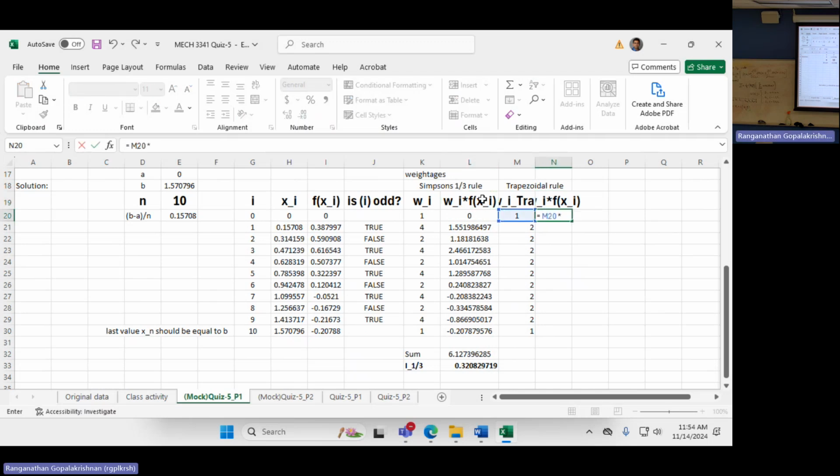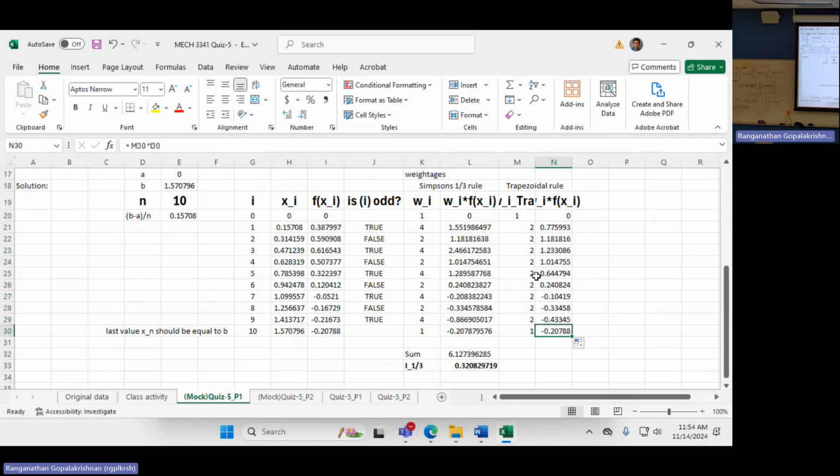Why don't you do anything for the last, for number 10? Why don't you do true or false, or change it to 1 for the last line? I just entered it manually, because then it will show a weightage of 4, whereas in theory, the weightage is 1, not 4. So the first and last points don't conform to this pattern.